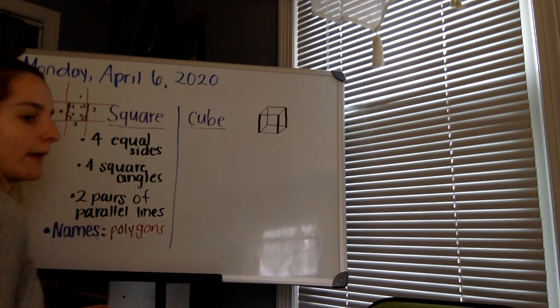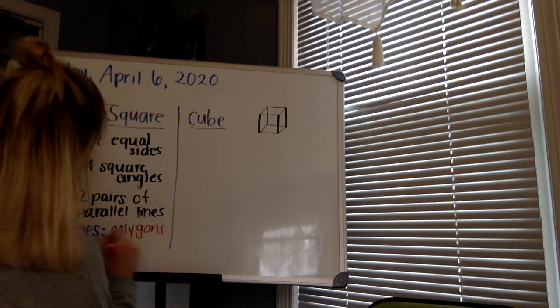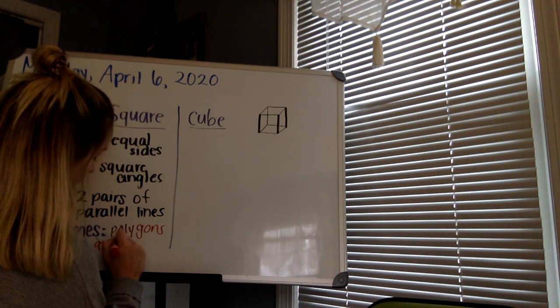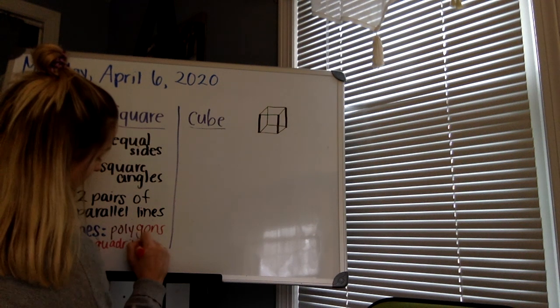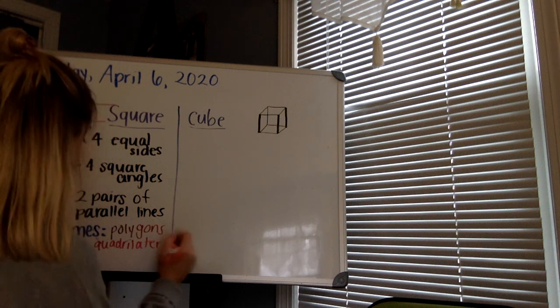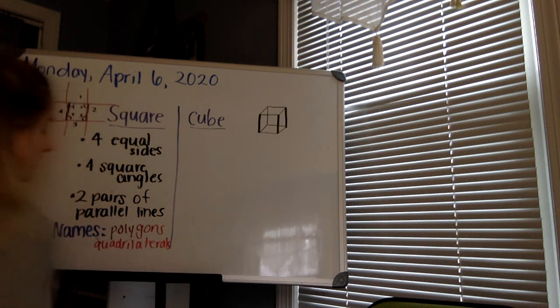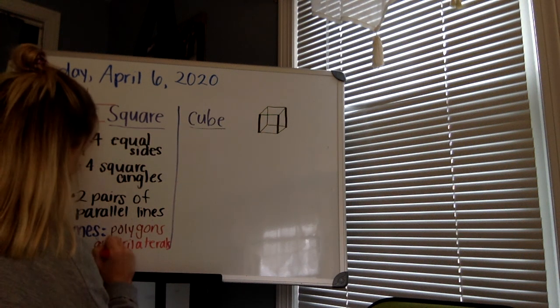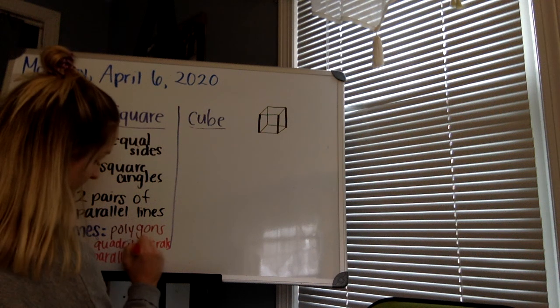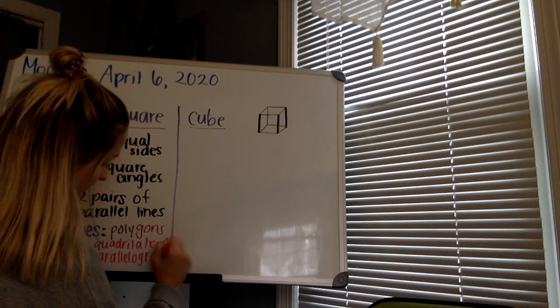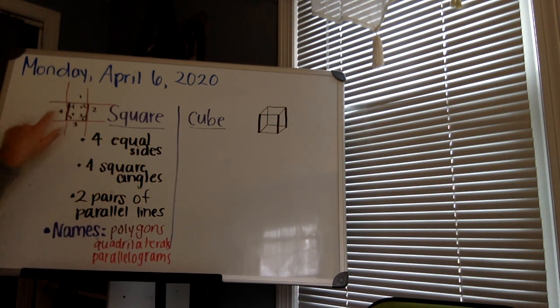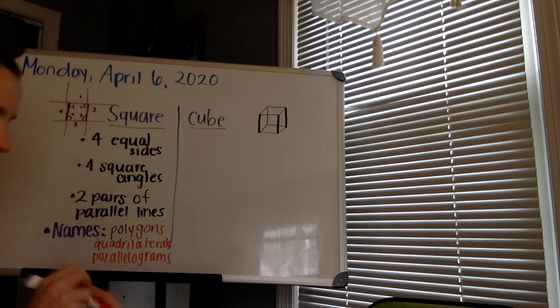We can call them quadrilaterals because it has 4 sides. We can call them parallelograms because it has 2 pairs of parallel lines. Great.